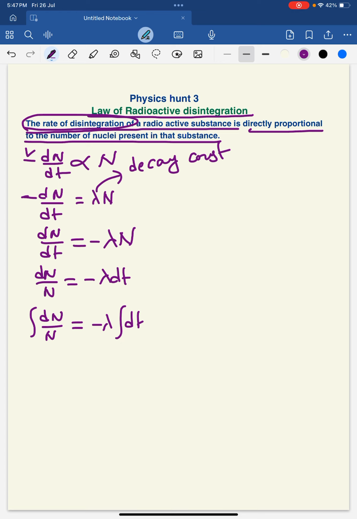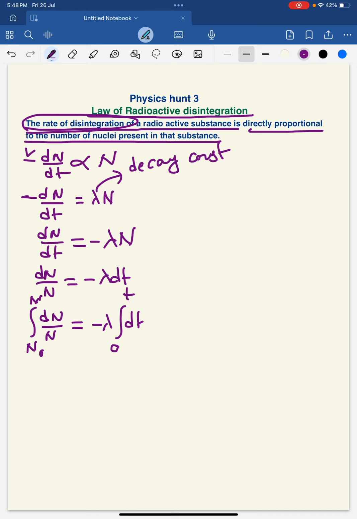Here, the integral limits for the N value: the initial value is N naught and the final value is N. Similarly, time starts from 0, so the initial time is 0 and the final time I am assuming is t. Look at this equation carefully. It looks like integral 1 by x dx, which means log x.